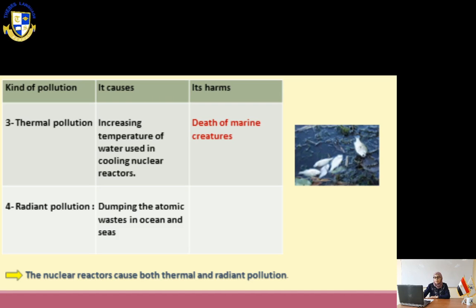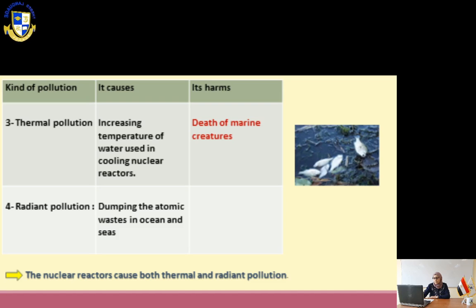We have number 3 and number 4, thermal pollution and radiant pollution. What is thermal pollution? Increase in the temperature of the water that is used in cooling nuclear reactors. What will happen? It will cause the death of all marine creatures. Radiant pollution is dumping atomic wastes in oceans and seas.